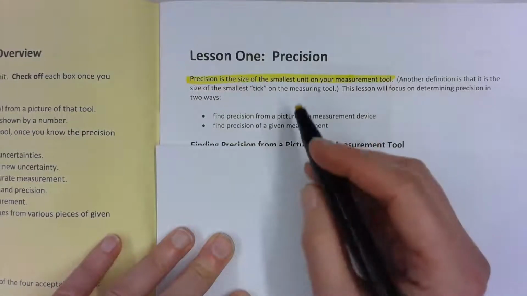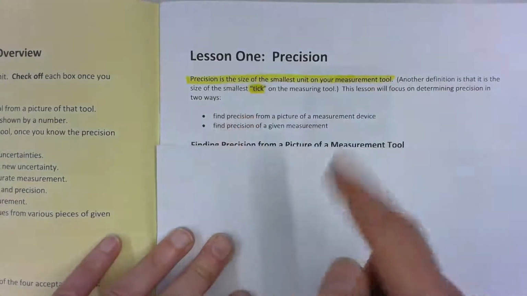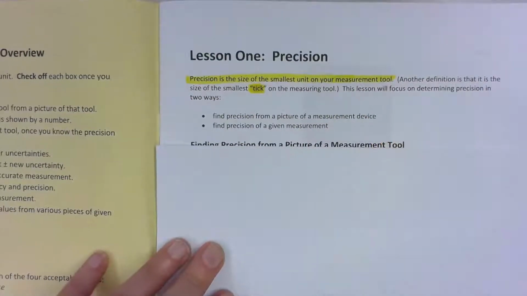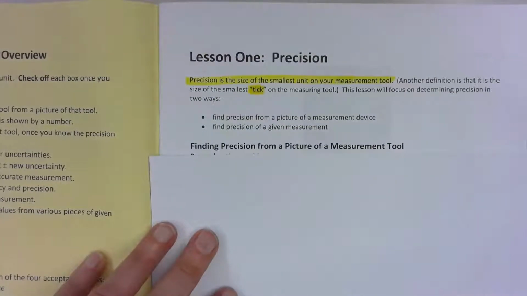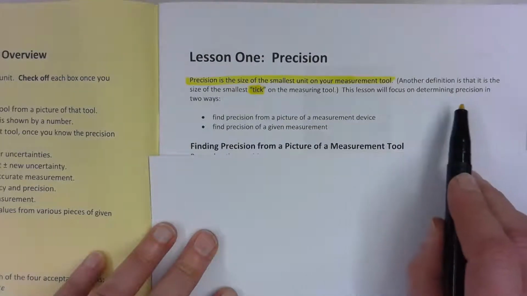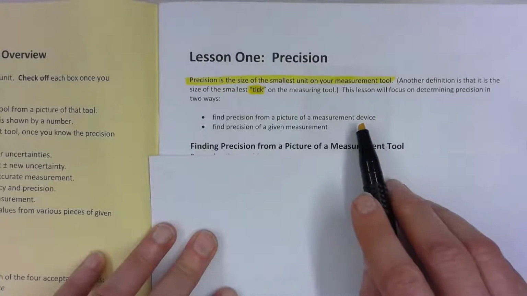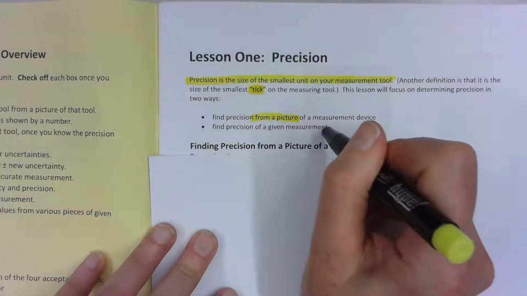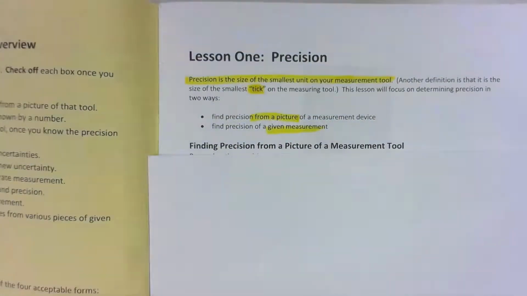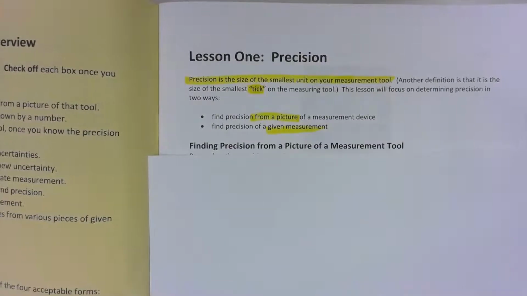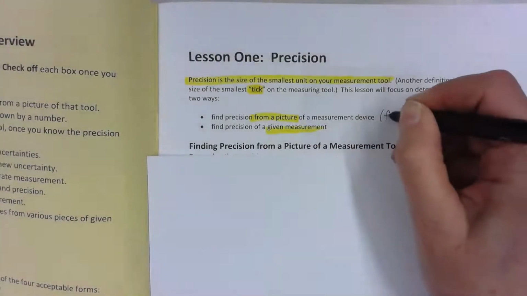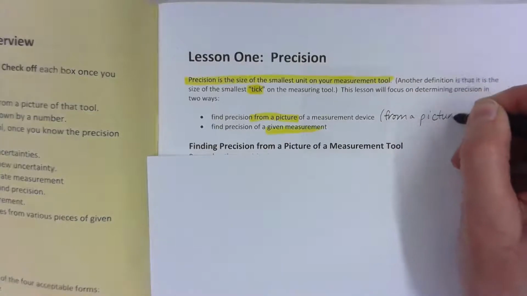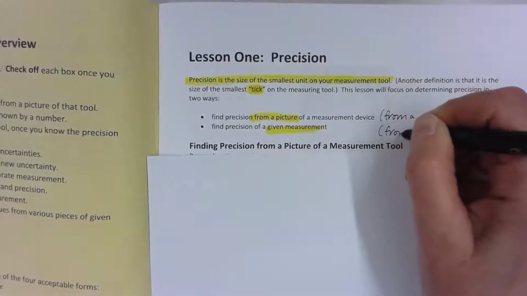Another definition is that it's the smallest tick, and that word tick means like the little hash mark on a measuring tool. And we'll see in this first example that we're going to use a diagram of a ruler. So this lesson will focus on determining precision in 2 ways: from a picture and from a given measurement, like just a number.